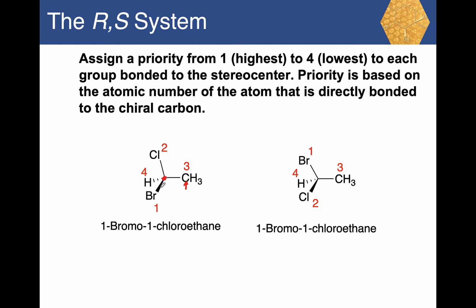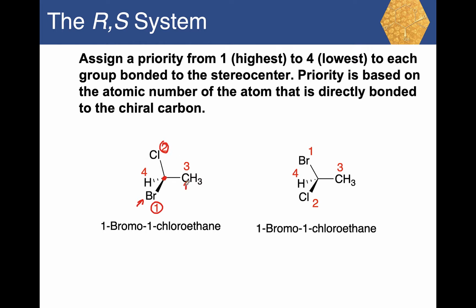So which of these four atoms has the highest atomic number? Looking at your periodic table, you will see that it is bromine, which has an atomic number of 35. So this gets number 1. Chlorine has an atomic number of 17, so it gets number 2.